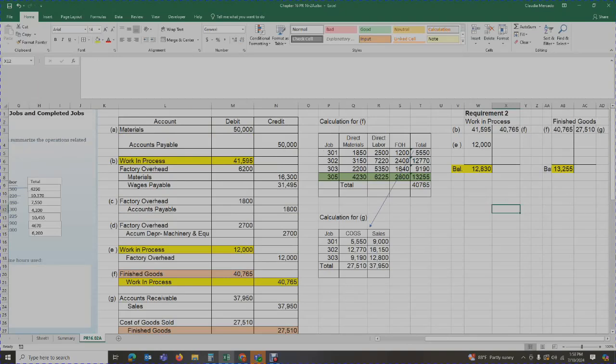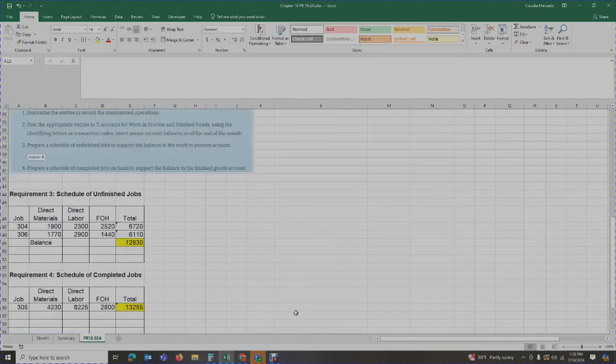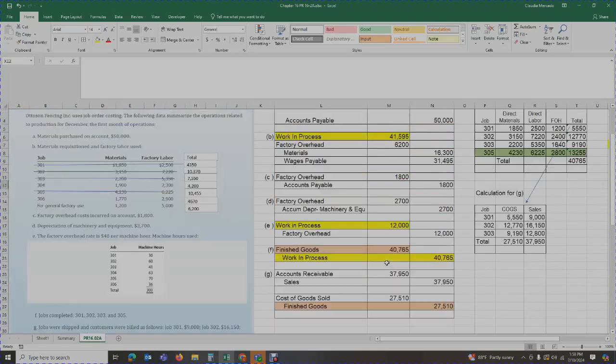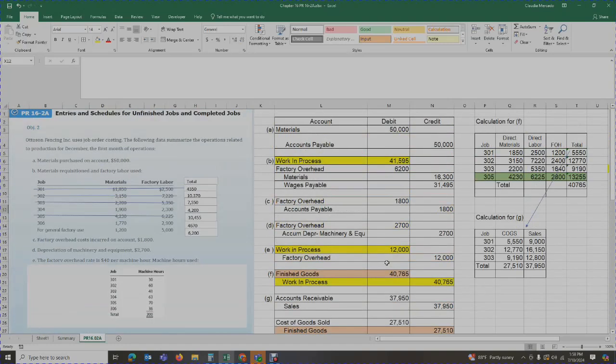Why is that? Well, if you look at your schedule, okay, job 305 is complete, but we have not sold it yet. Okay, so we need to figure out what's happening, what's the delay, what's going on. Okay, so it's just a lot of data. It's taking it a step at a time, analyzing what's happening in each of the transactions, identifying what information has been used, which jobs have been completed, which jobs have been sold.